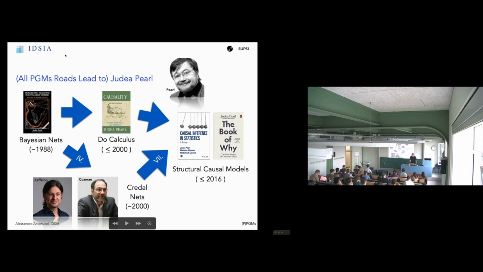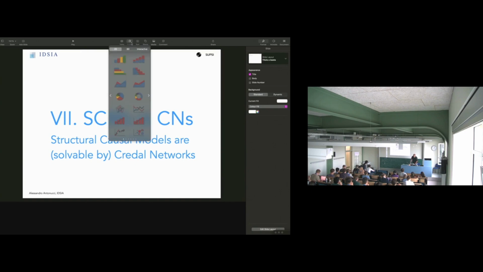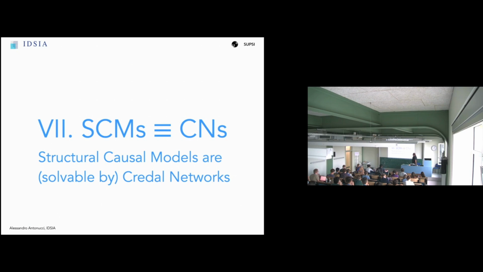So basically, you can assess from this data an imprecise probabilistic model. Credal networks and structural causal models are the same, or maybe this is too much, but they can be. You can solve some causal analysis by means of credal networks.